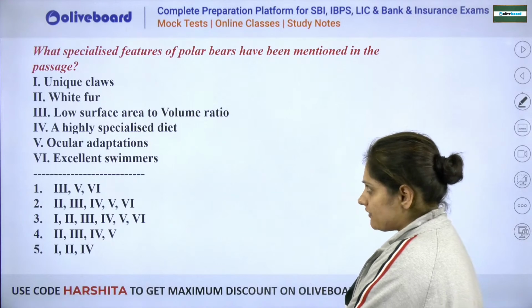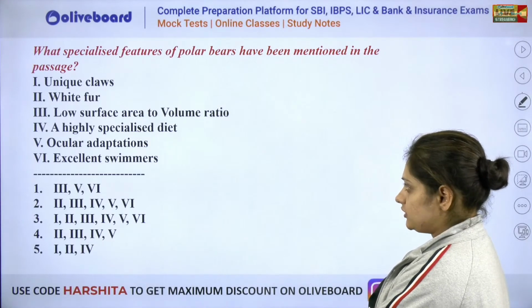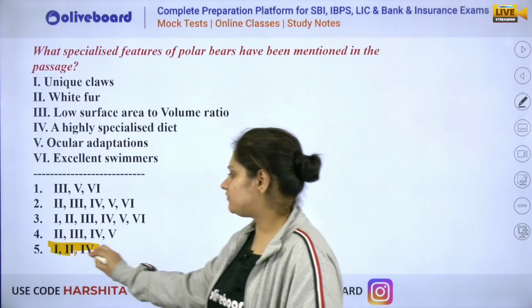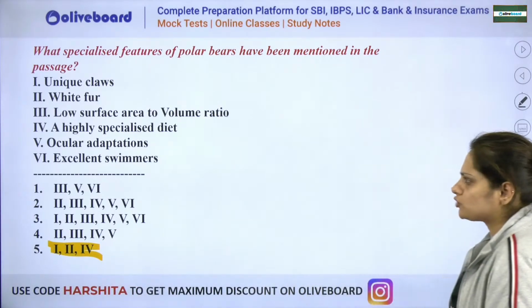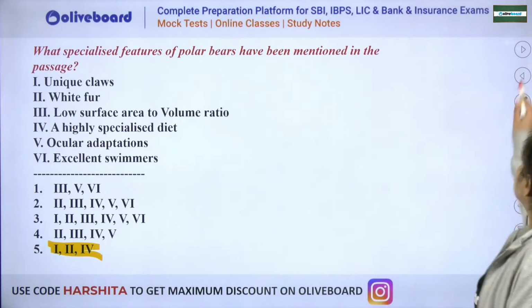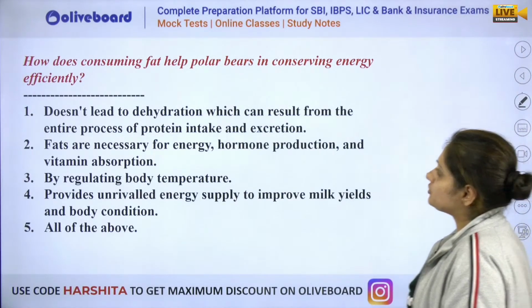I remember fur we have talked about, and diet also. Their diet also we have talked about, right? So all 3, 1, 2 and 4. Okay, nothing about swimmers. Adaptations, their features, polar bear features. Okay, so they have the claws, the fur, the diet, all this helps them in their adaptation to very cold environments.